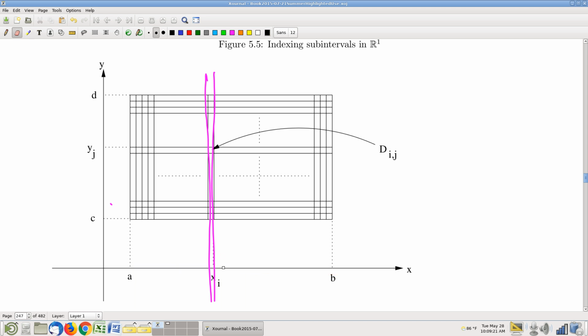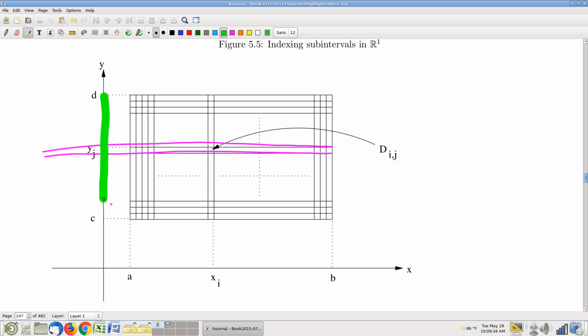Okay. Likewise, when we slice the other way, when we slice horizontally, notice that, in effect, at the same time, we are slicing up this interval on the y-axis, from C to D, which are, if you will, the defining y-coordinates, or you might say the projection, the shadow of our rectangle over onto the y-axis.